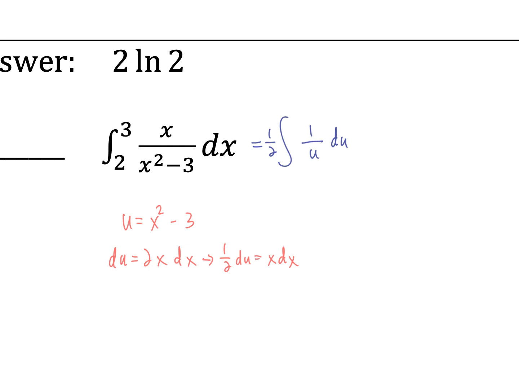Okay, get our limits. So u of the top limit, u of the bottom limit. If you plug in 3 here, you get 9 minus 3, 6. To find u of 2, plug in 2 here. We get 4 minus 3, which is 1. So those are our new limits.